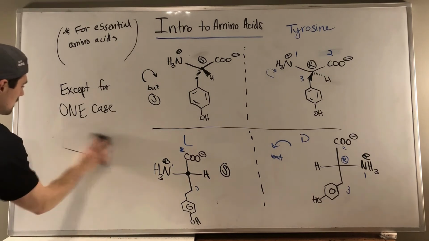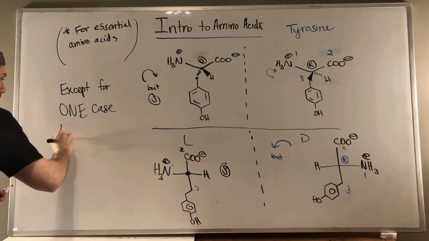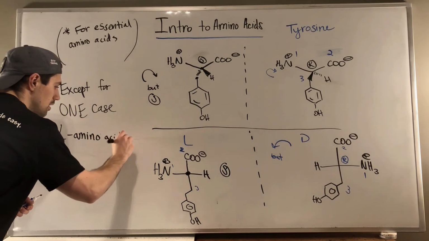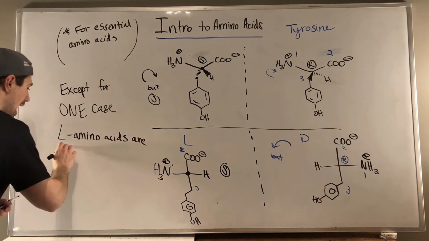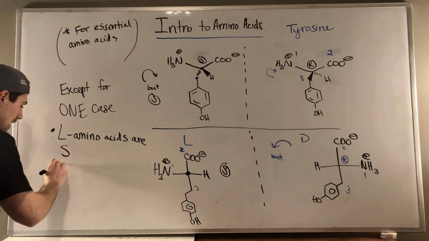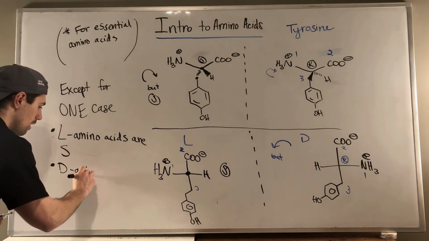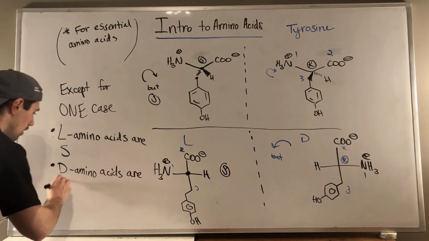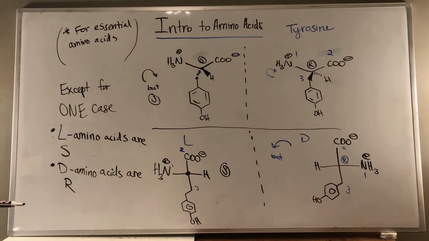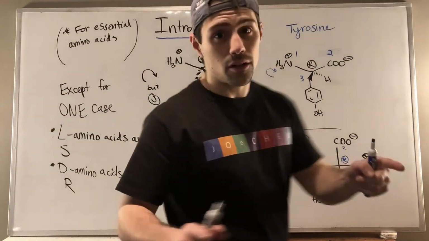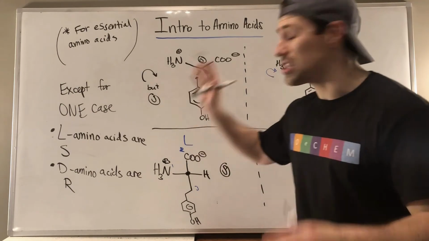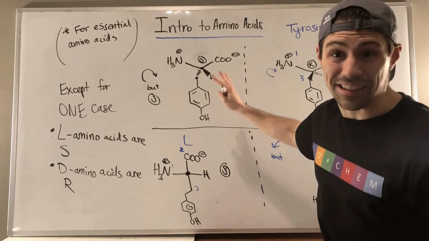Let me write that differently. L amino acids are S, and then we can say D amino acids are R, okay? Except for one case. And what is that one case? Well, that bad boy who does not follow the rules is named cysteine, and we will see why that is the case once I clean this up.